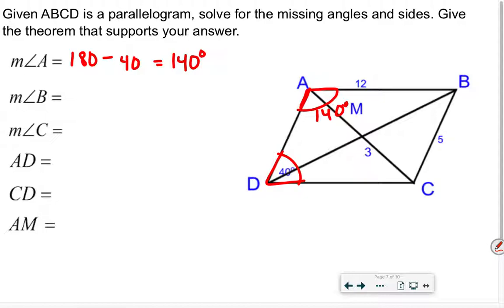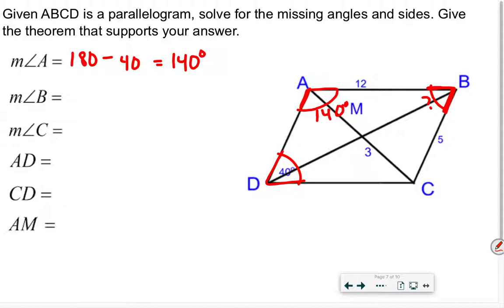So angles B and C are going to follow suit here. Ashley, angle B, how do you think we can find the measure of angle B? What do we know about angles in a parallelogram?